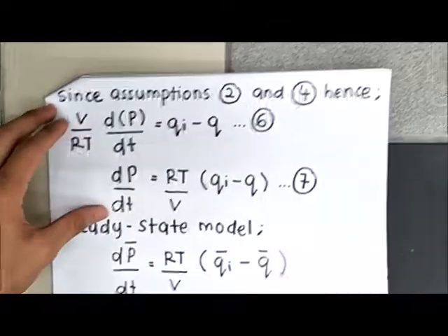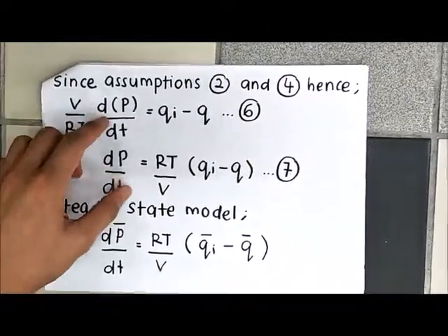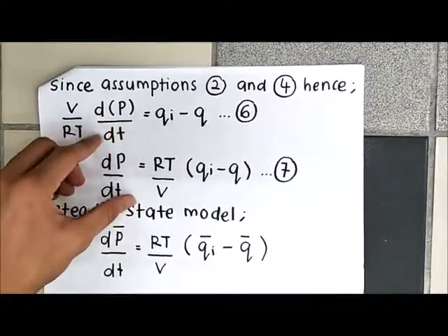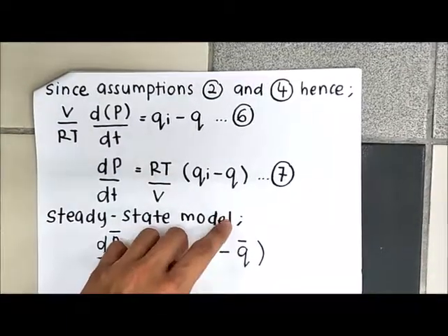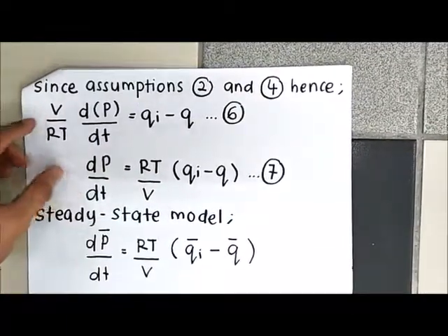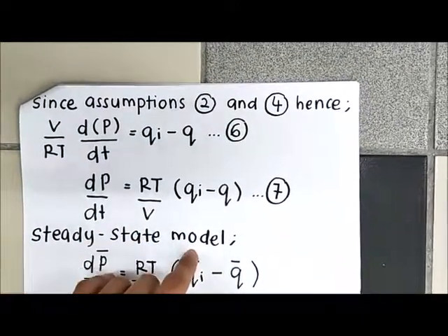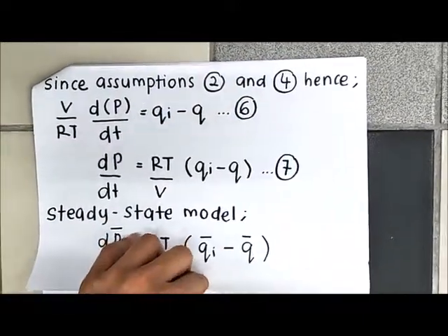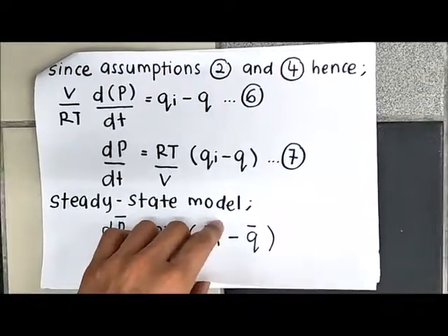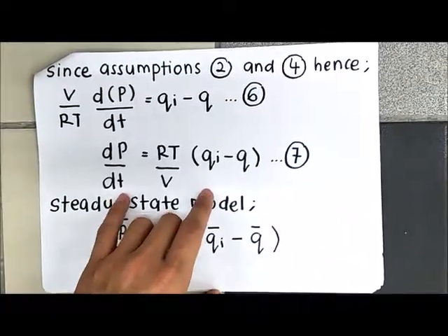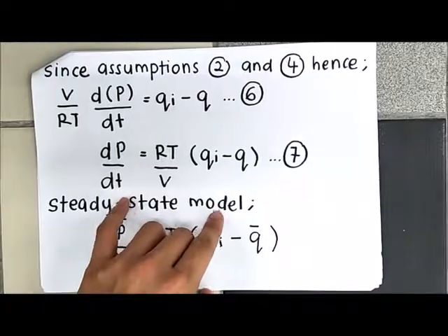So the equation is V over RT times dP over dt equal to Qi minus Q. Then we move the V over RT to the other side. Then we have dP over dt equal to RT over V times Qi minus Q. So this is for the dynamic model.